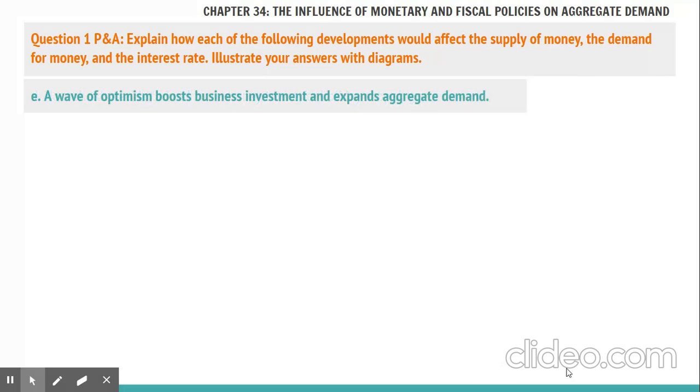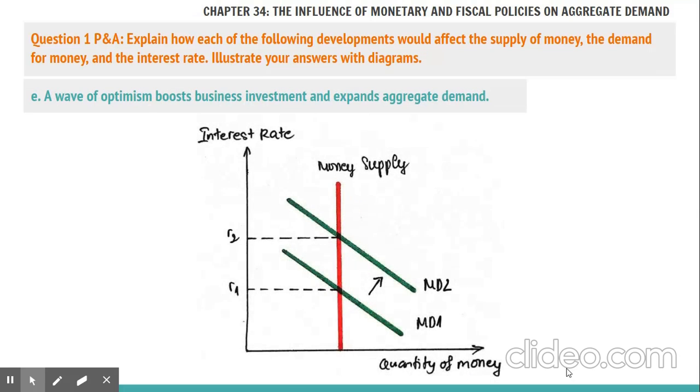E, a wave of optimism boosts business investment and expands aggregate demand. So the money demand will increase from MD1 to MD2, just like in the figure, and the increase in the money demand will increase the interest rate.